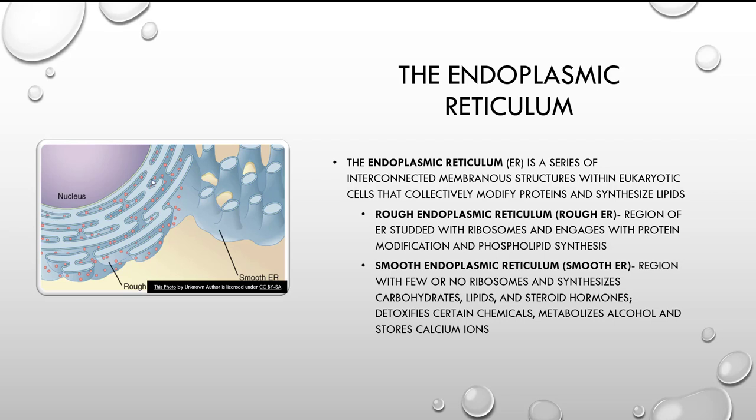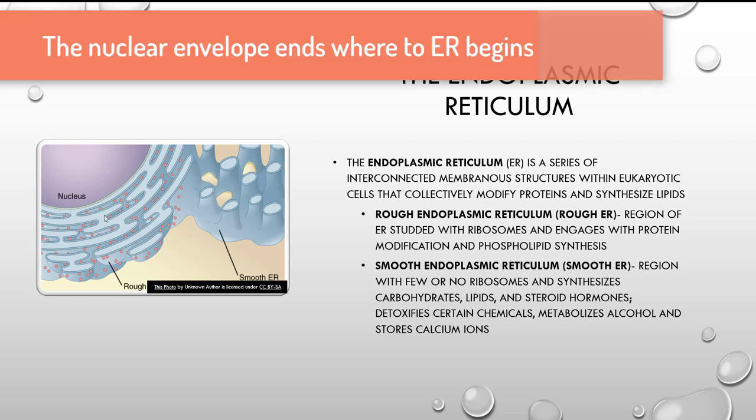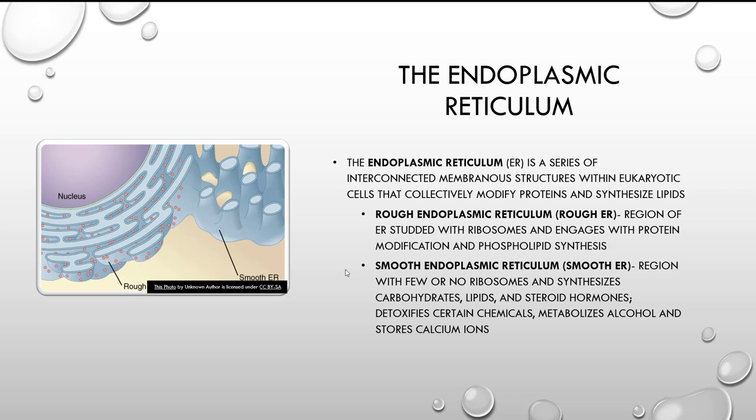The endoplasmic reticulum forms off of that nuclear envelope. And we have two types of endoplasmic reticulum. We have the rough ER and we have the smooth ER. Now the difference between the two is pretty obvious. Okay, you have these little ribosomes attached to the rough ER, and the smooth ER does not have them.